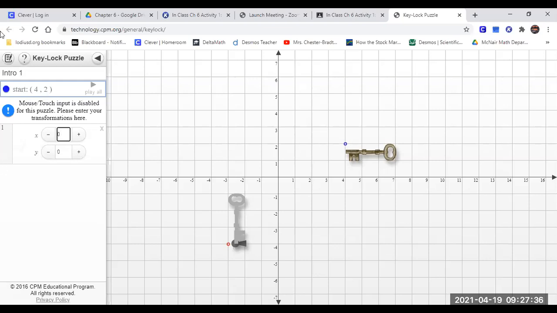Because we're going from the blue dot over to the red dot, right? And that means I have to go left, and left means I'm subtracting. I'm going to the negative direction, 1, 2, 3, 4, 5, 6, 7. Nice. So I'm going to put -7, okay?